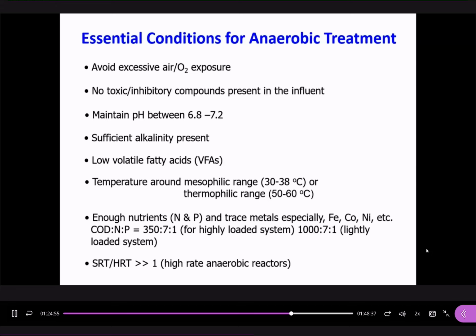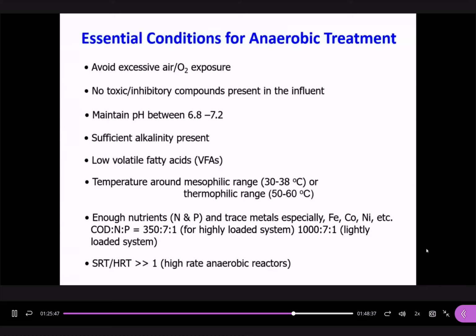Essential conditions of anaerobic treatment: no oxygen, so that's the first condition, and no toxic inhibitory compounds. That's understandable, and that applies to aerobic treatment as well. pH is important, which we will discuss. Almost neutral. So why this pH range? It's a narrow pH range. Sufficient alkalinity.